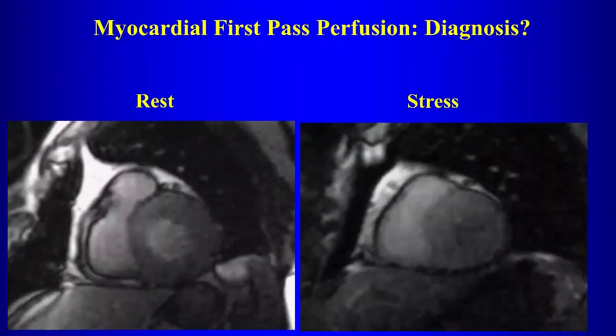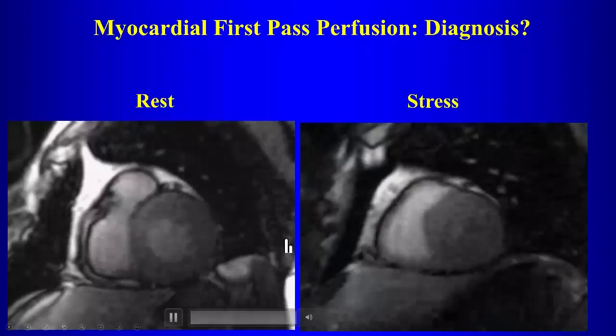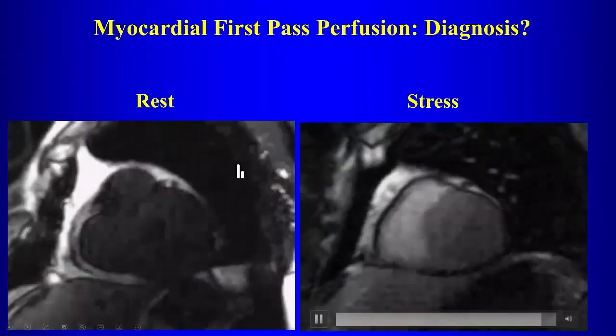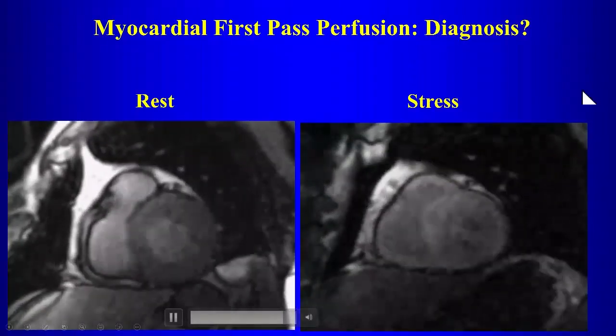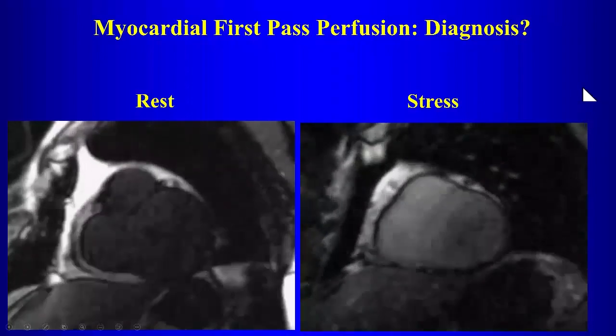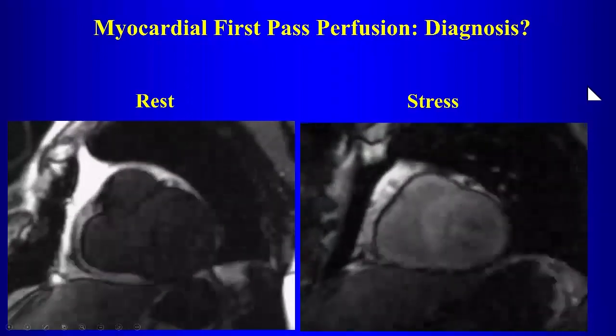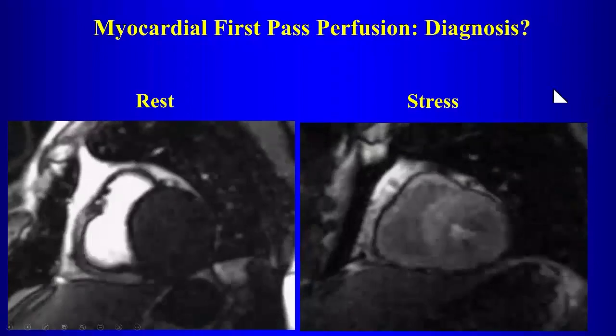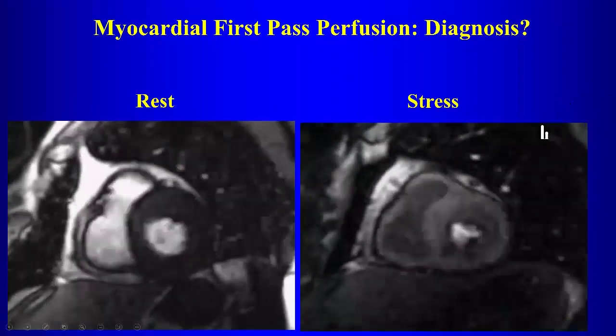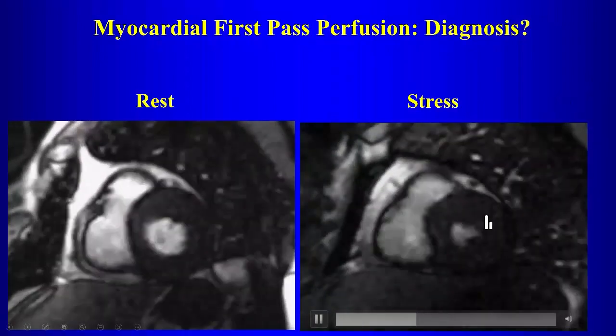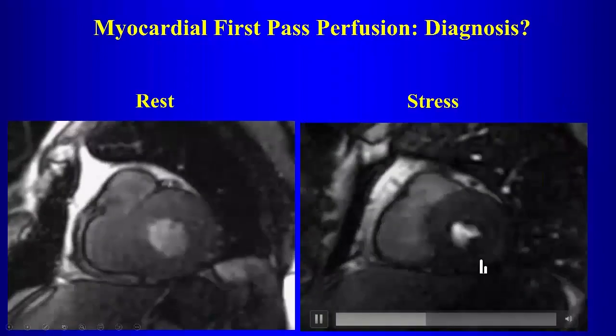Do you understand what I mean by reversible perfusion defect? Well, if there's a perfusion defect under stress and it is not present under rest, that is a reversible perfusion defect. That's an indication of ischemia, not infarction, but ischemia. Okay? So is there a reversible perfusion defect? Yes. So you can see along the endocardium, there is.